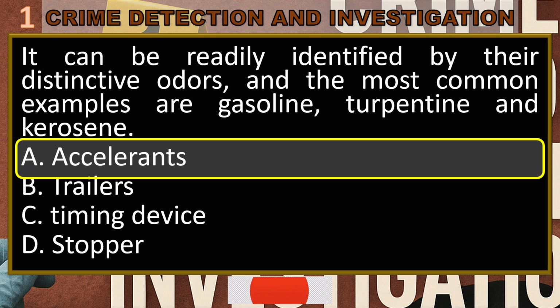C. Timing device. Definition: a device used to delay the ignition of a fire, for example a candle or mechanical timer. Why incorrect? These devices control when a fire starts but do not involve flammable substances with distinctive odors.